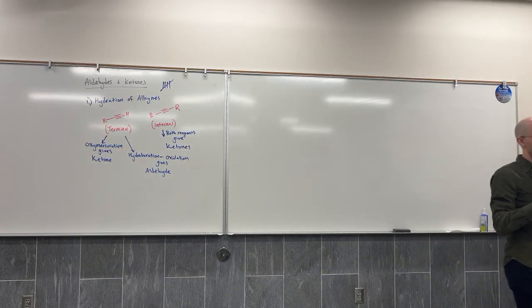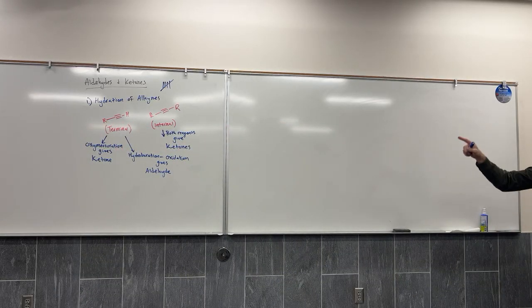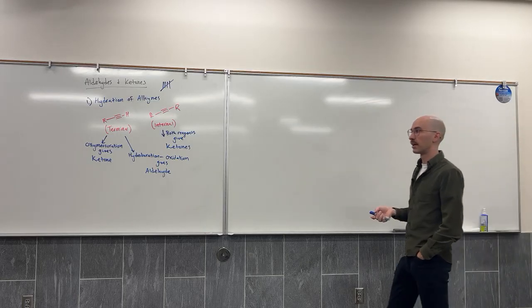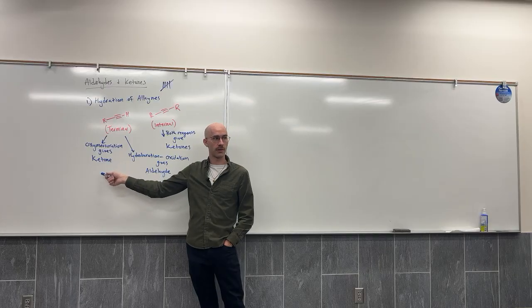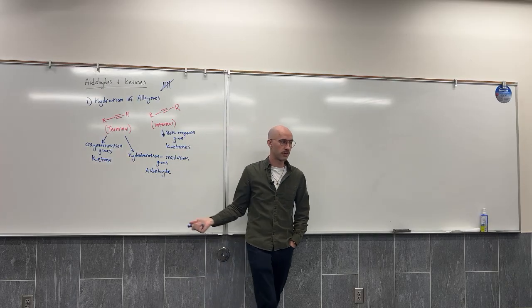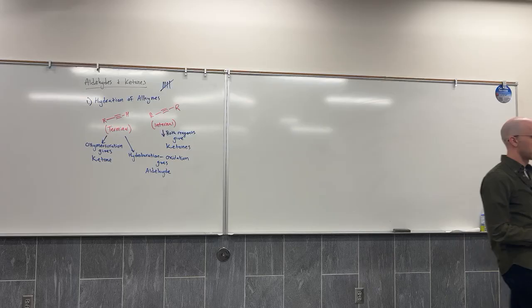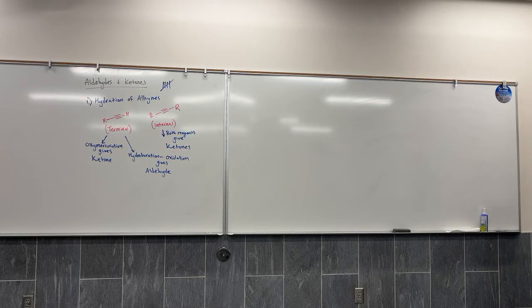Another way of saying this, terminal alkynes have regiochemistry. They have a more substituted and less substituted carbon. So the reagents play regioselective roles. Does it put the oxygen on the more substituted carbon to give a ketone, or does it put the oxygen on a less substituted carbon to give the aldehyde? Internal alkynes have no regiochemistry. So there is no Markovnikov or anti-Markovnikov.